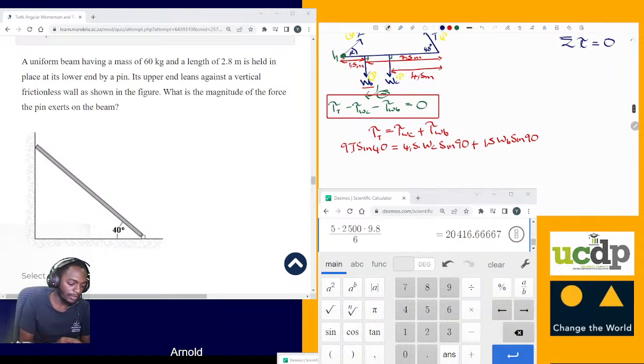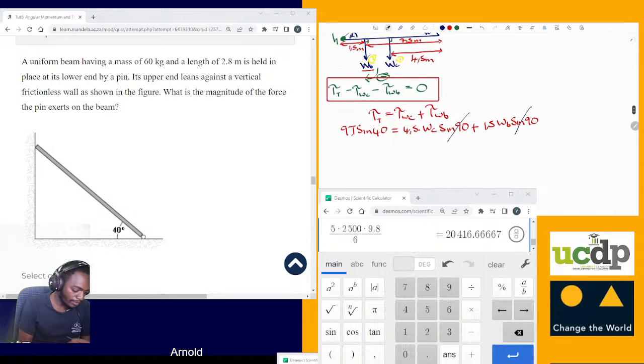So we cancel this, obviously. This goes, this goes. So we remain with 9T sine 40 equals 4.5.